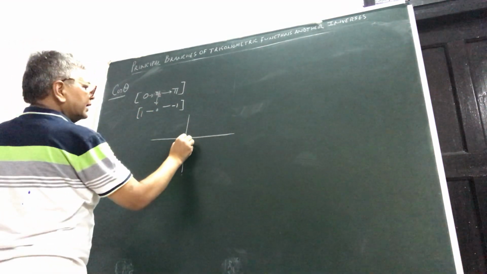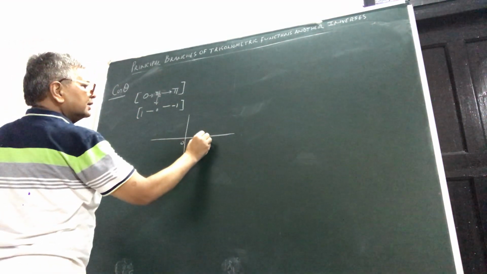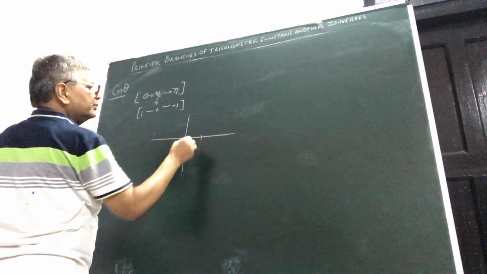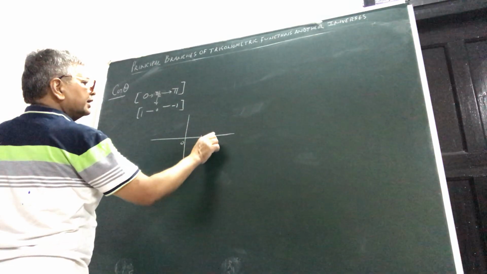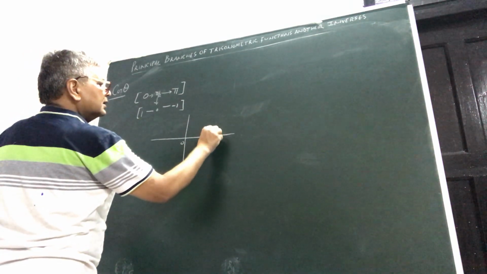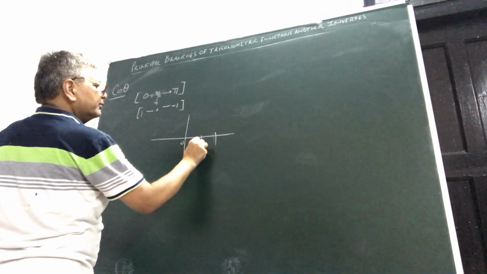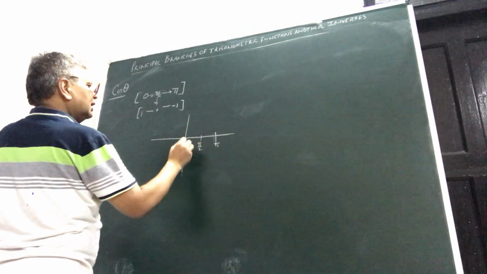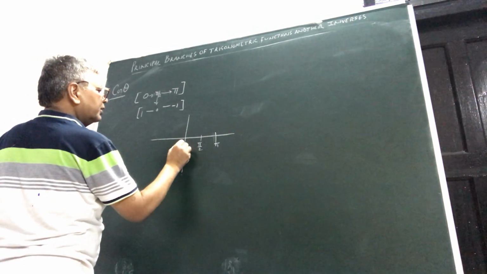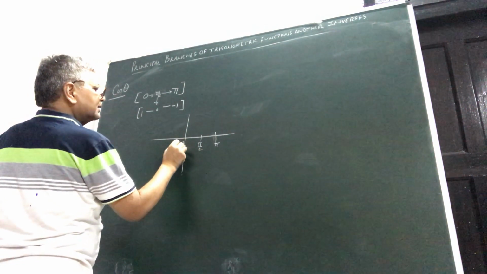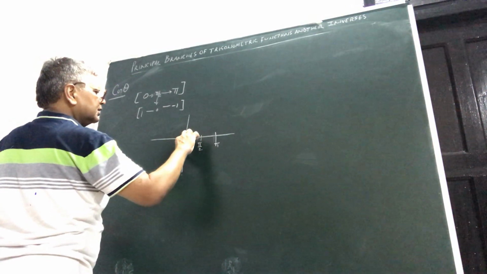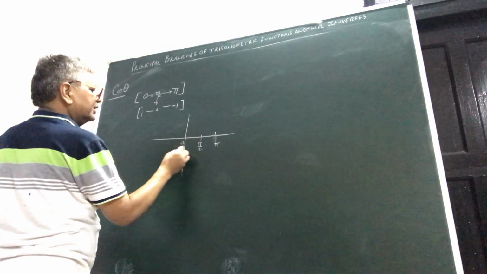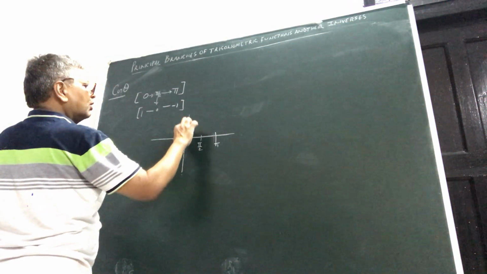Mark 0, pi by 2 and pi at equal distances. The mark corresponding to minus 1 will be at a somewhat smaller distance. Make it a bit smaller, but not too small.